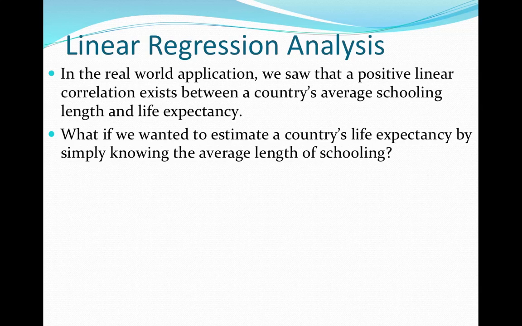What if we wanted to estimate a country's life expectancy simply by knowing the average length of schooling? In other words, what if we wanted to estimate for a country not in the sample what the life expectancy would be given a known average length of schooling?